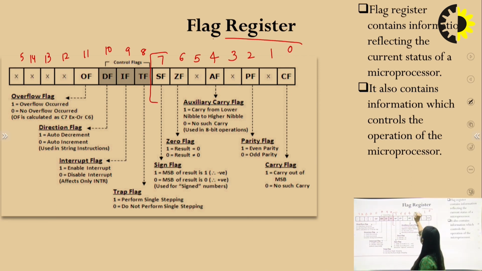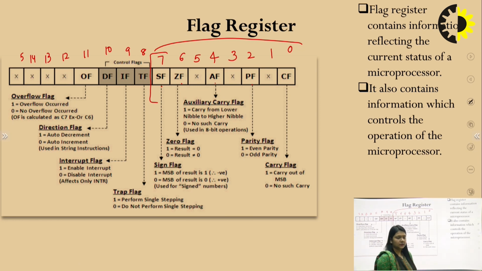From 0 to 7 we have sign, zero, auxiliary carry, parity and carry. These 5 flags are the same as they were in the 8085. The placement is the same, the working is the same, and they serve the same purpose.